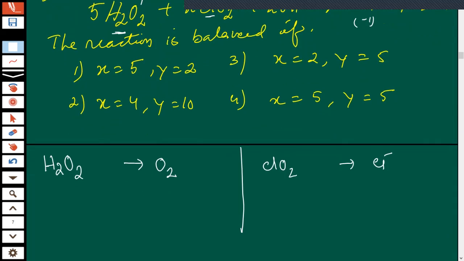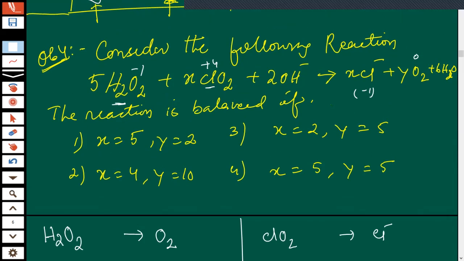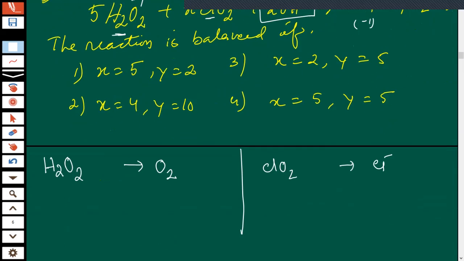Now you have to balance hydrogen. See carefully, the reaction is in basic medium. So for basic medium, to balance hydrogen, what do you have to use? You want to balance the 2 hydrogens, so you use 2 OH minus over here.